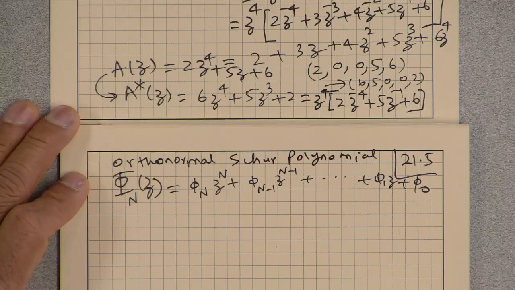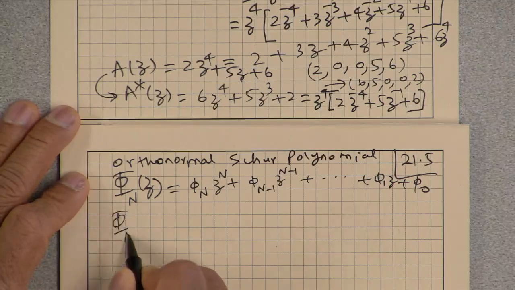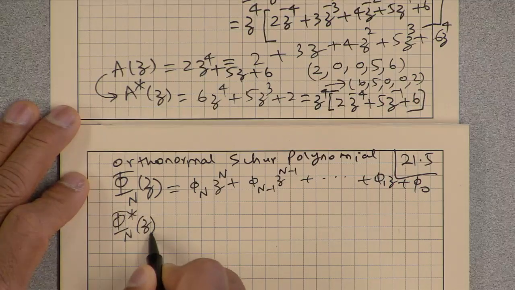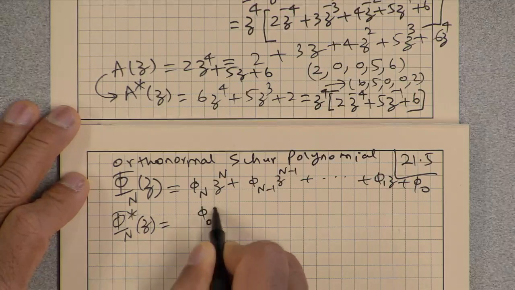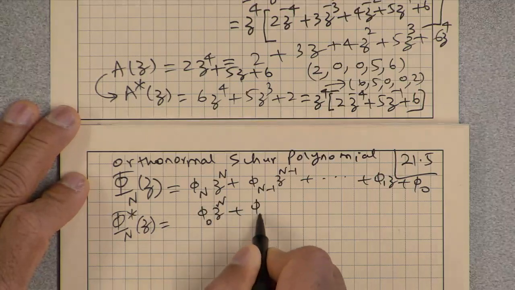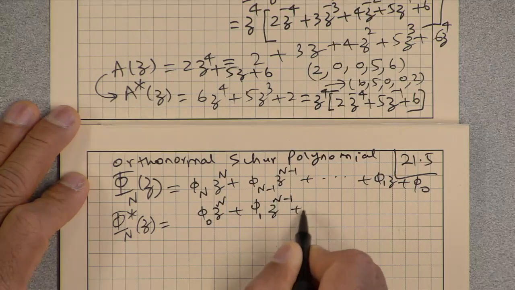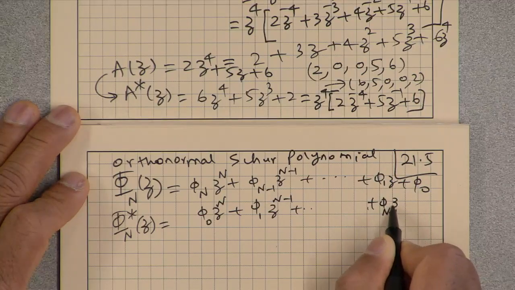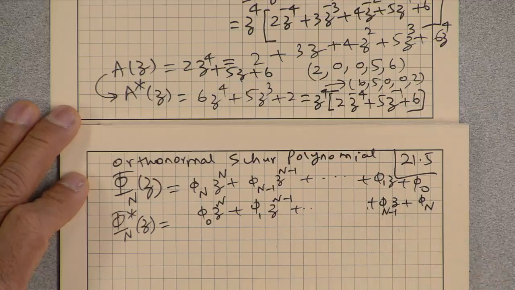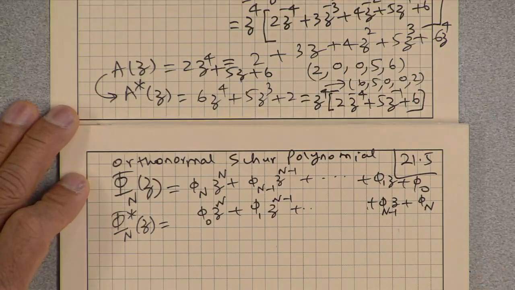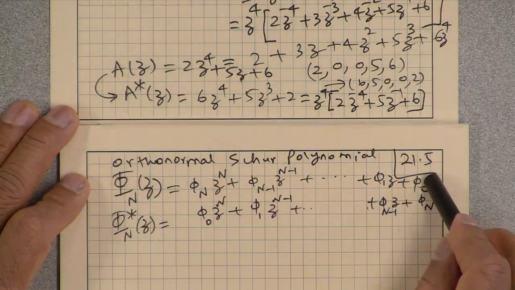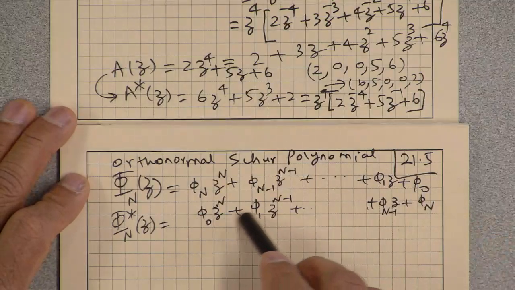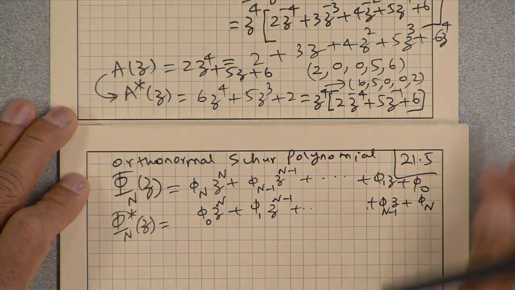Okay. Then if we reverse that, phi n star, then this will be phi 0 plus phi 1 z plus phi n minus 1 plus phi n. So that is going to be the reverse polynomial. So take these coefficients and reverse them, and that's the reversed order.